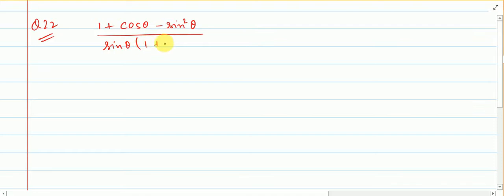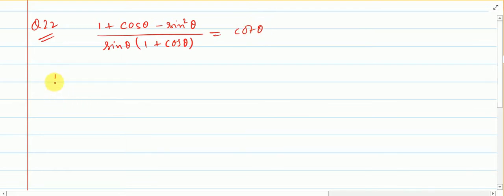Your question number 22 says that we have to prove that (1 plus cos theta minus sine square theta) upon (sine theta times (1 plus cos theta)) is equal to cot theta.